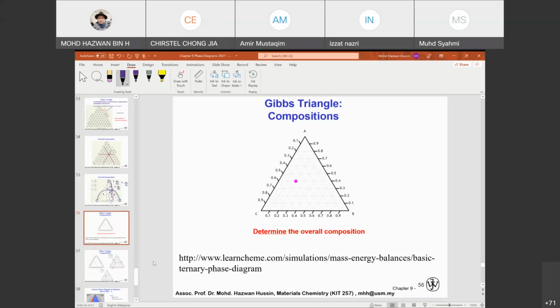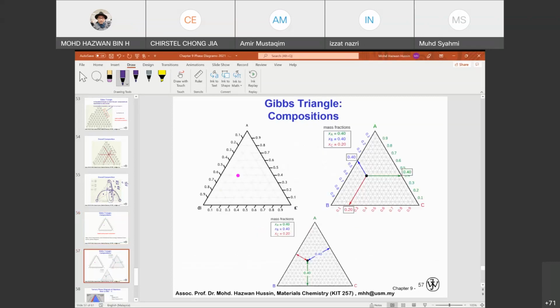Okay, so for this case, how are you going to identify it? We know that for this phase diagram, we have a composition of A, B, and C, and these are the fractions. It is reported as decimals, but you can also write it as 10, 20, 30, and so on.